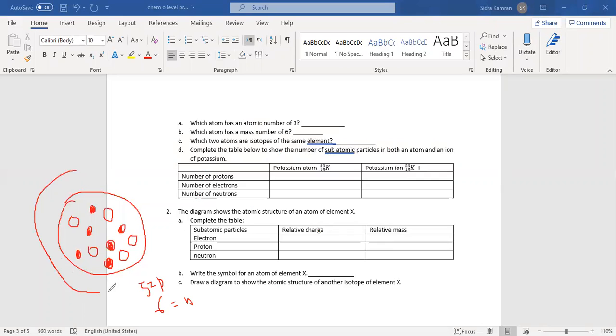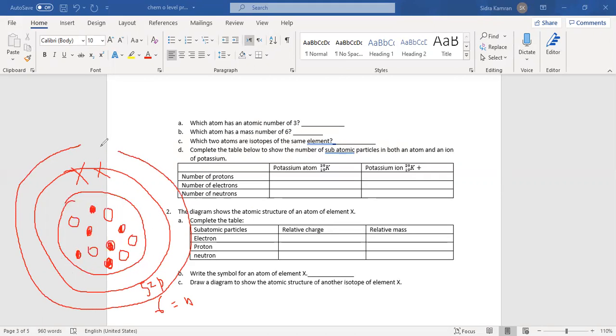The first shell contains 2 electrons and the second shell contains 3 electrons: 1, 2 and 3.